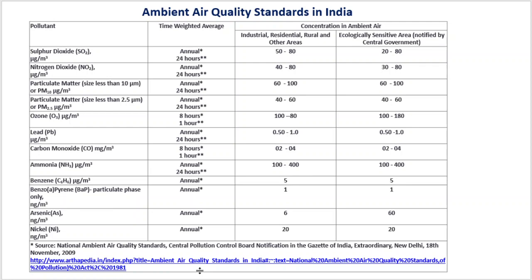So here we can see the different pollutants, for which the Indian government set the ambient air quality standards in India. You can see the quality of air in your area on the website weather.com, where we can see the ambient air quality, whether it is good, bad, or worst at different times.